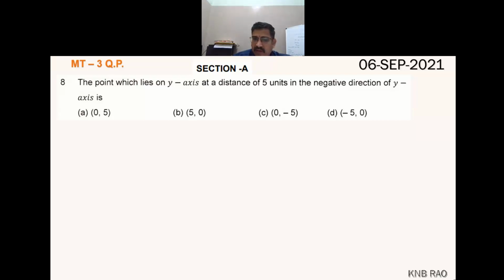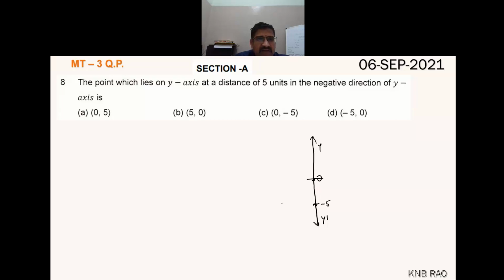See children, the point which lies on the y-axis in the negative direction, so definitely in OY dash, and at a distance of 5 units, where that distance is from the origin. So if you come down by 5 units, it is minus 5. So what will be the point lying there?